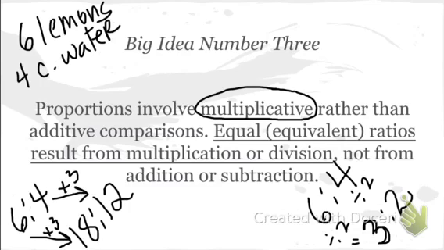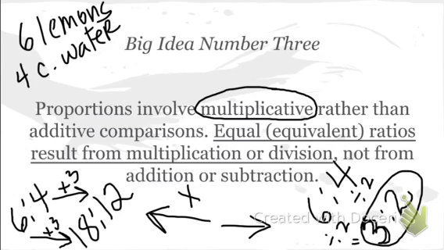Honestly, in those terms, it's the lowest termed ratio, 3 to 2. I can move up by multiplication, or move down with the numbers by division. But the truth is 6 to 4, 18 to 12, 3 to 2, they're all the same. They're all equal or equivalent.